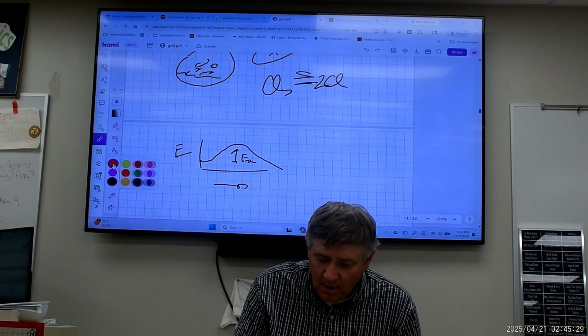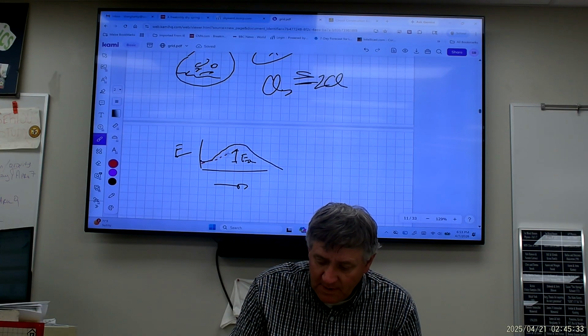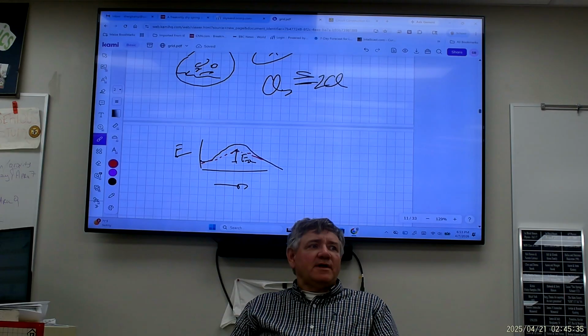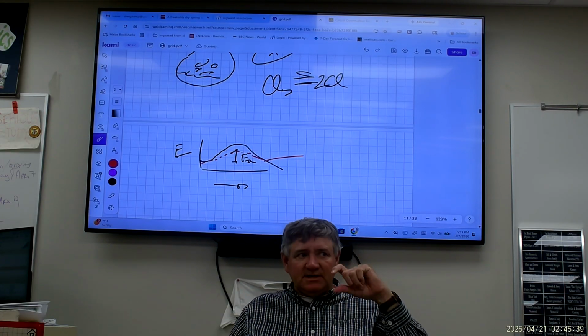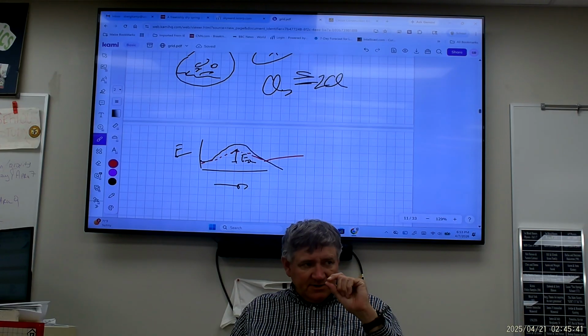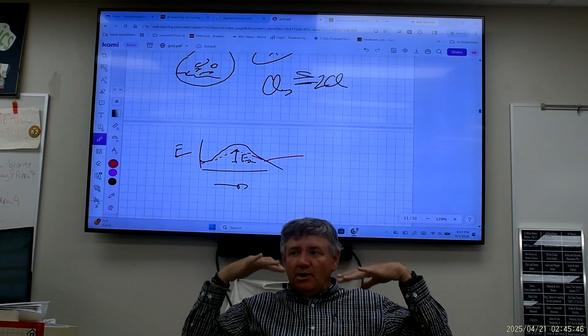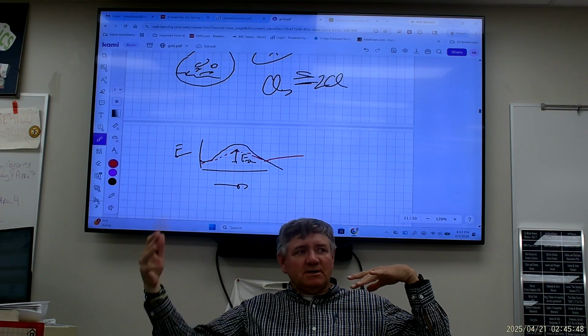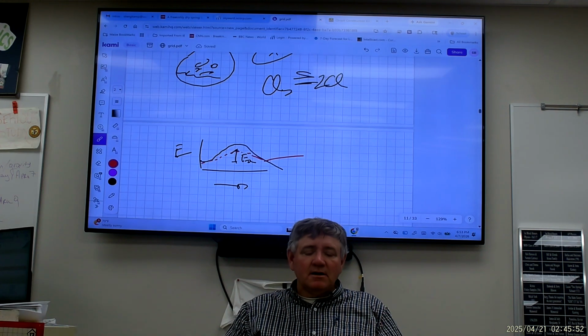There's a couple of things to remember about catalysts. All they do is lower the activation energy. It does not change the delta E. It just lowers the activation energy. It's just like you're out on the second grade playground and you lower the bar. More kids can jump over the bar. That's kind of what the catalyst does.